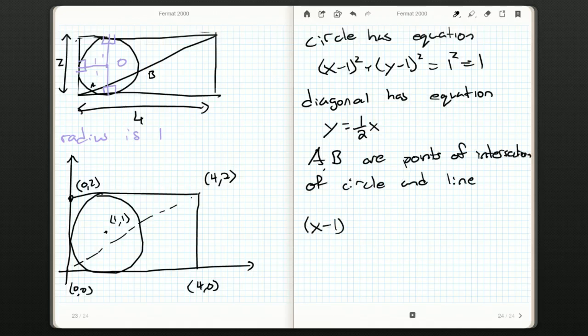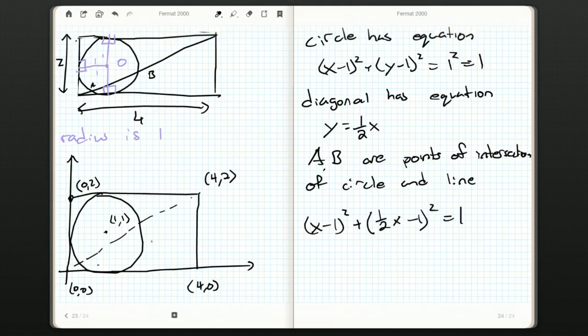So (x minus 1) squared plus (1/2 x minus 1) squared should be equal to 1. And now I can expand this, collect like terms, and hopefully I'll get something I can use to solve for these x values. And once I know the points A, B, it's going to be very easy to find the distance between them, so that line segment.